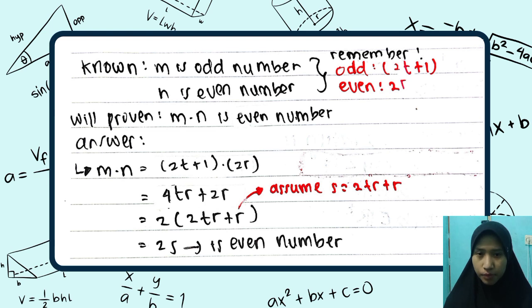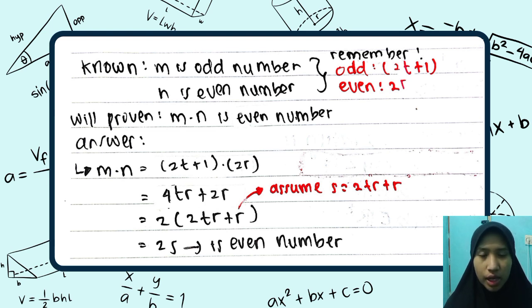Knowing that m is an odd number and n is an even number, we'll prove that m times n is an even number. Before that, remember that an odd number is written as 2t plus 1 and an even number is written as 2r. So we can write m times n equal to (2t plus 1) times 2r, which equals 4tr plus 2r. We can break it down into 2 times (2tr plus r).